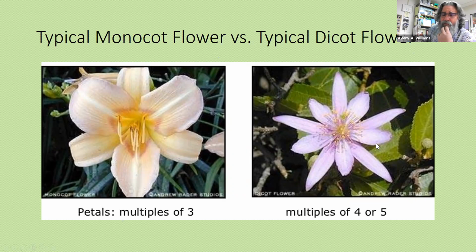Now, flower parts in multiples of 4s or 5s is a dicot. So you count this 1, 2, 3, 4, 5. Those are 5 petals, and the sepals are in the background. 1, 2, 3, 4, 5. 5, multiple 5, you know, dicot. So this flower belongs to a dicot plant, and this flower belongs to a monocot plant.